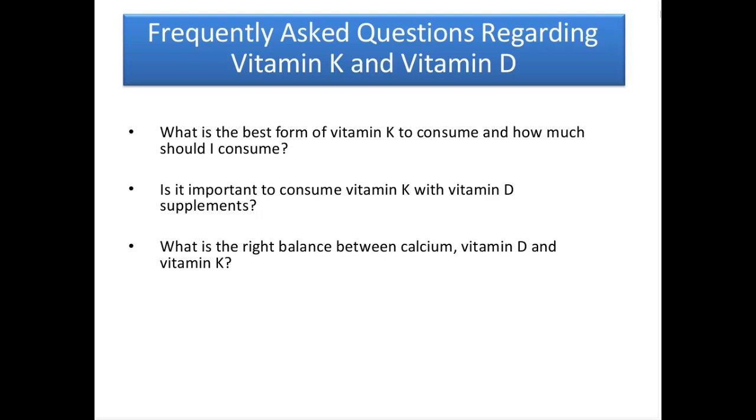For some people, it is more difficult to attain vitamin K because they do not consume many dairy products. So I would recommend consuming vitamin K through a varied diet with a lot of emphasis on plant products.